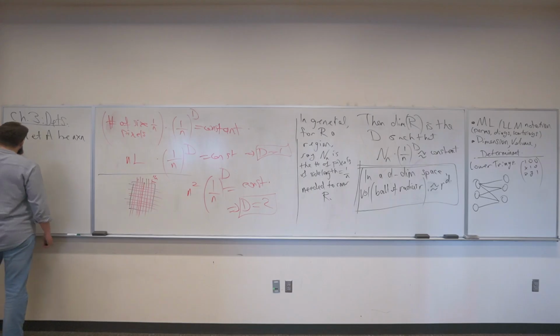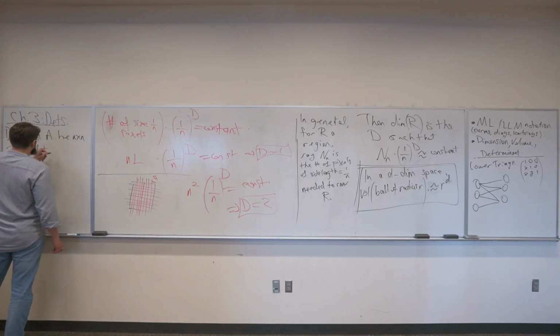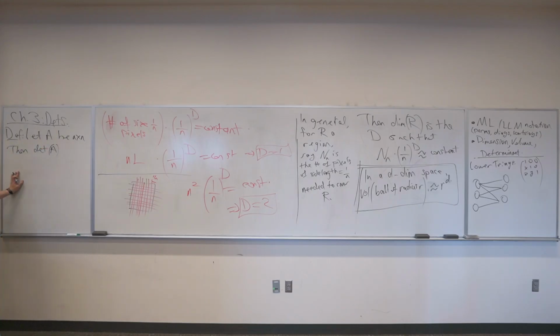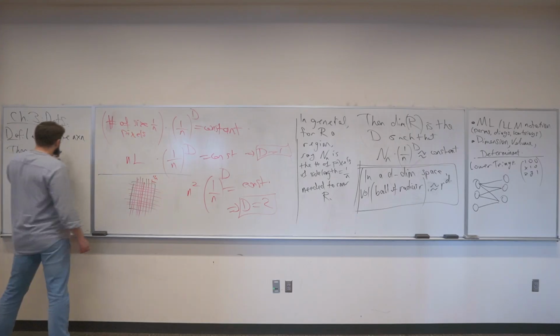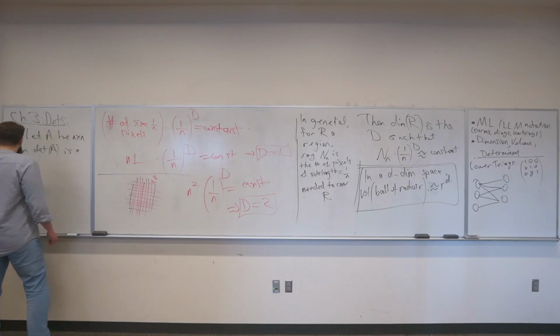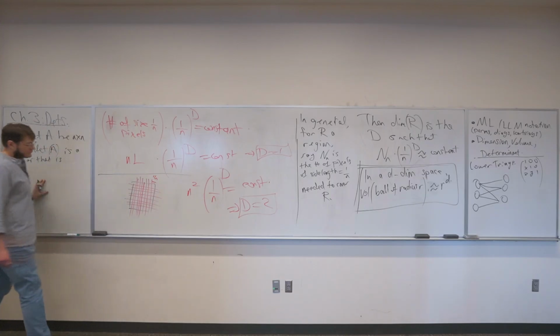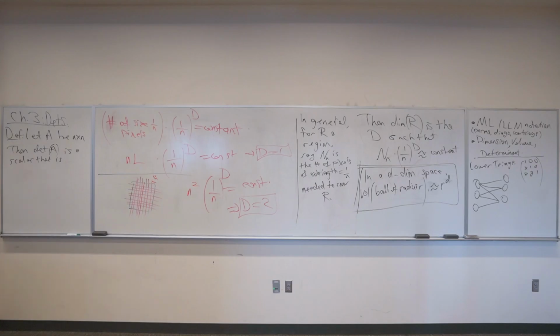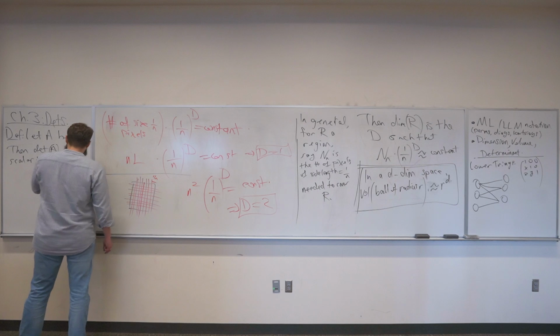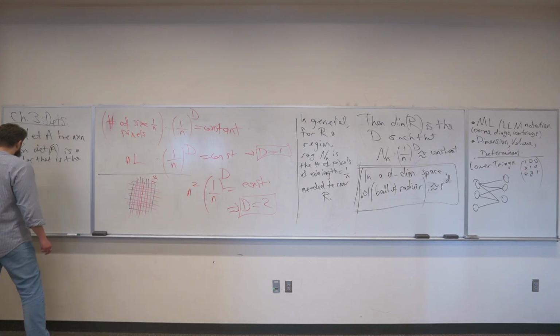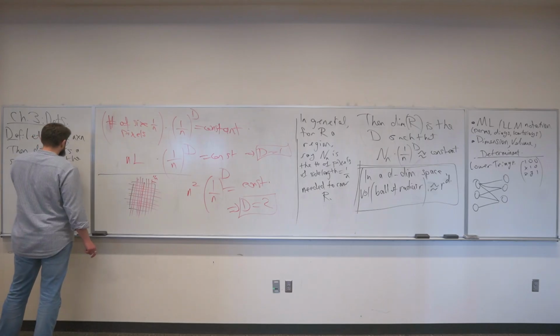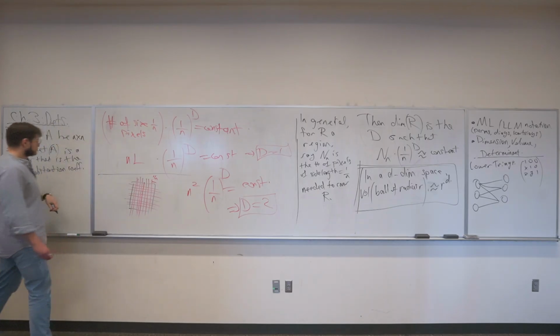Then the determinant of A is a number, a scalar. That is the volume distortion coefficient.